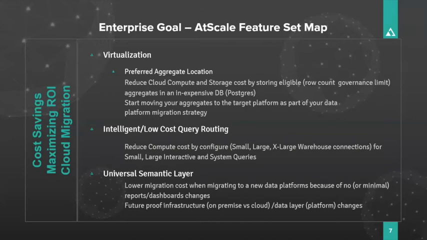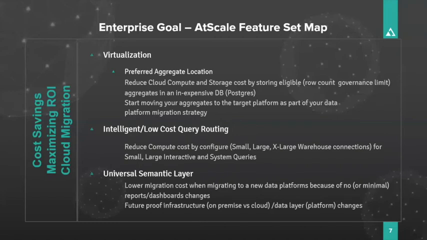But how do we control the cost with AtScale? The preferred aggregate location. So imagine if you had all the data in Snowflake, and you also set up a Postgres database in the cloud or on-premise, doesn't matter, to store the aggregates. Now, what AtScale will do is, with the incoming workload, it will look at the queries and say, okay, I can serve these queries from the aggregates. So it will start hitting the Postgres database.